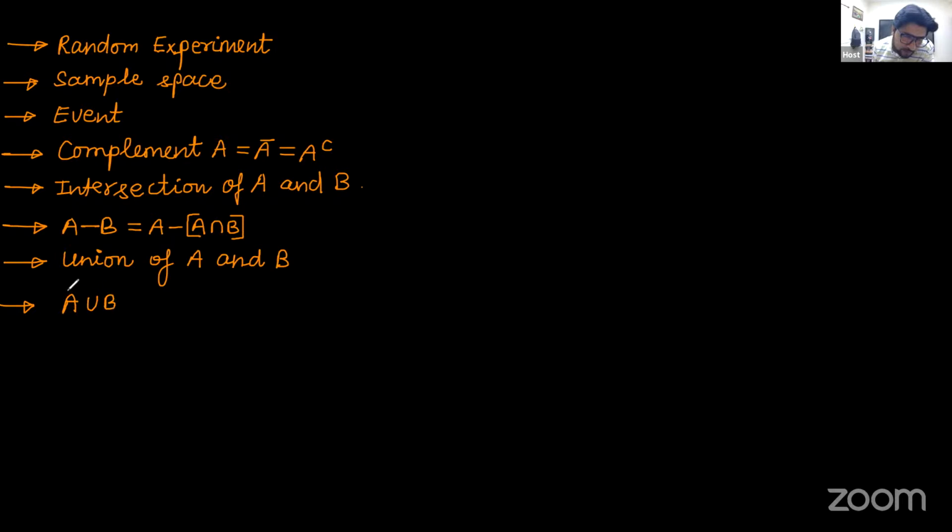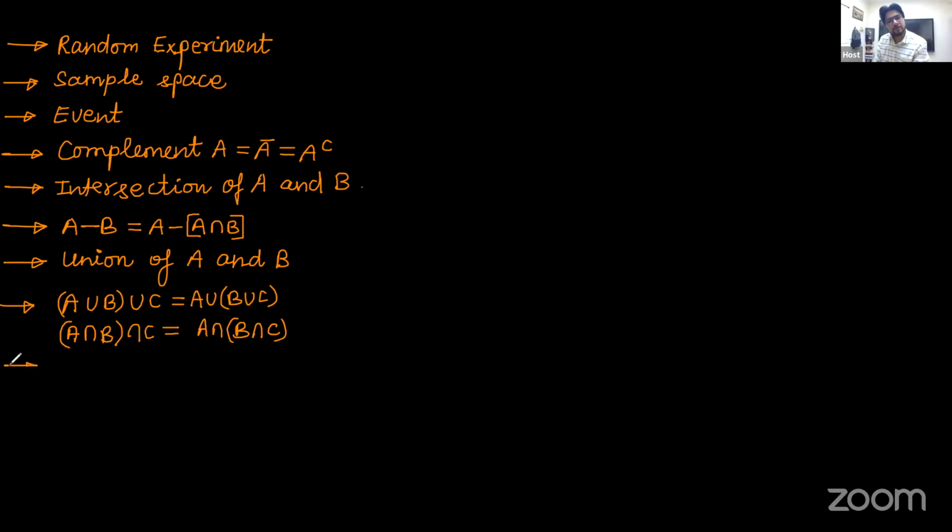A union B, and then you perform union with C, or you perform B union C and then you perform union with A. Means sequence does not matter. Same thing with intersection. A intersection B, and then intersection with C, or B intersection C, and then intersection with A.